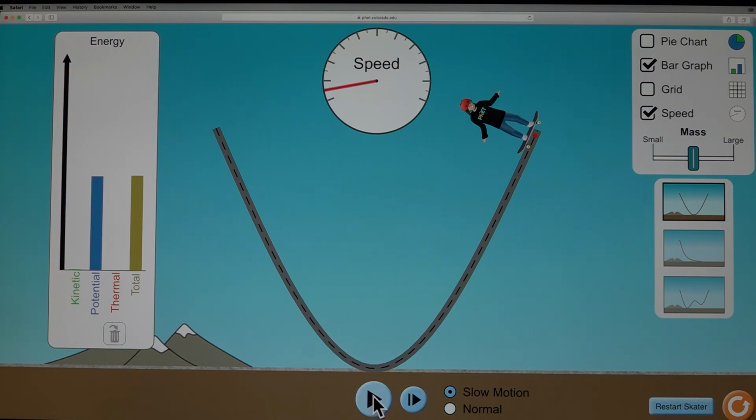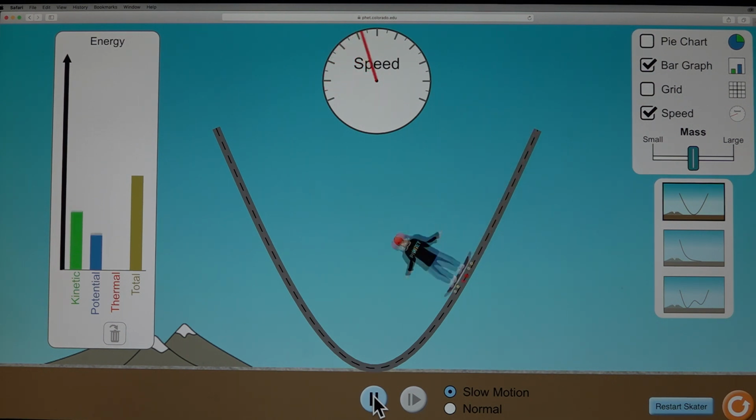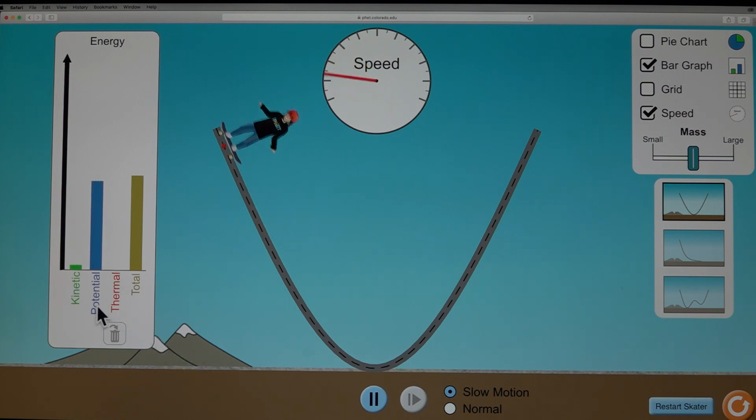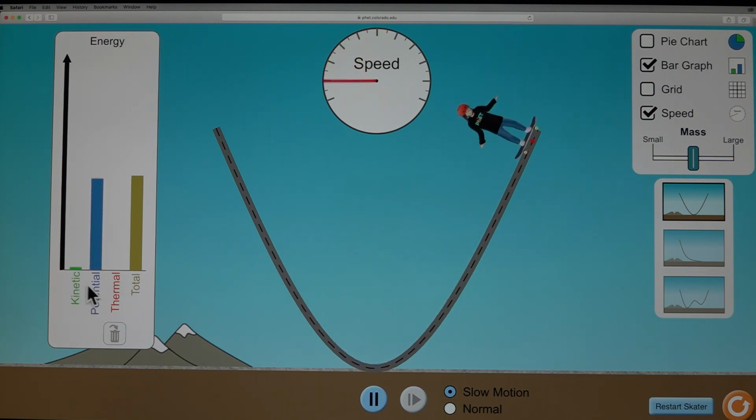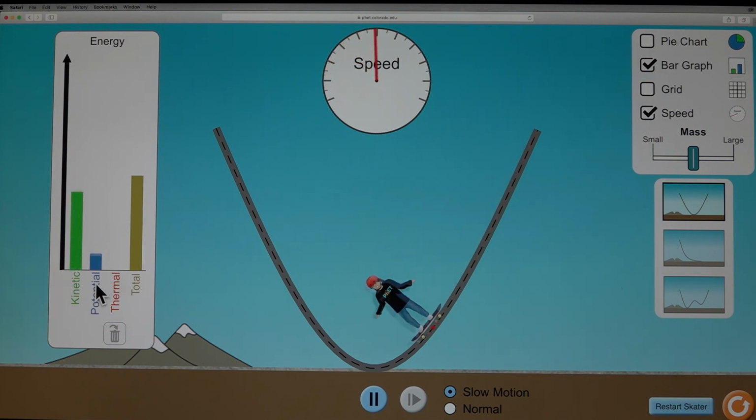So I will play this PhET simulation for a while, and in the meantime I want you all to look at this graph here. Do you see that the kinetic energy increases, decreases, potential energy increases and decreases?